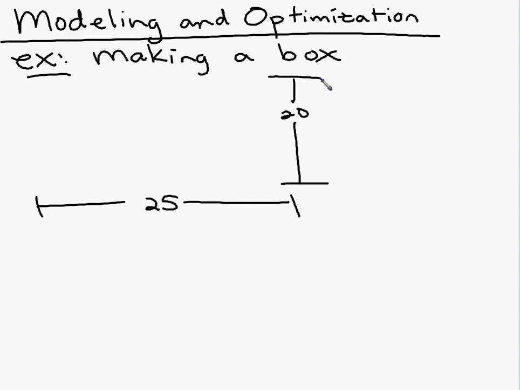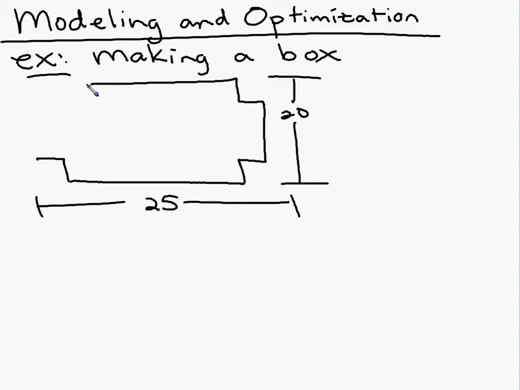And the way we're going to make this thing is we're going to cut out a corner on each one. Kind of like that. It's not a great drawing. But we're going to cut out a corner, and then we're going to fold up these flaps.